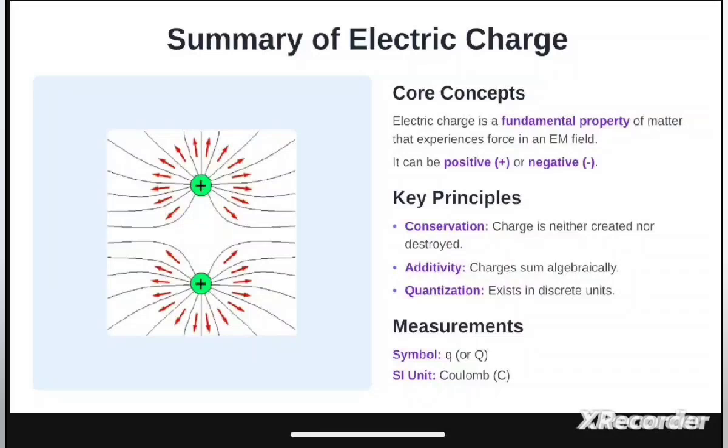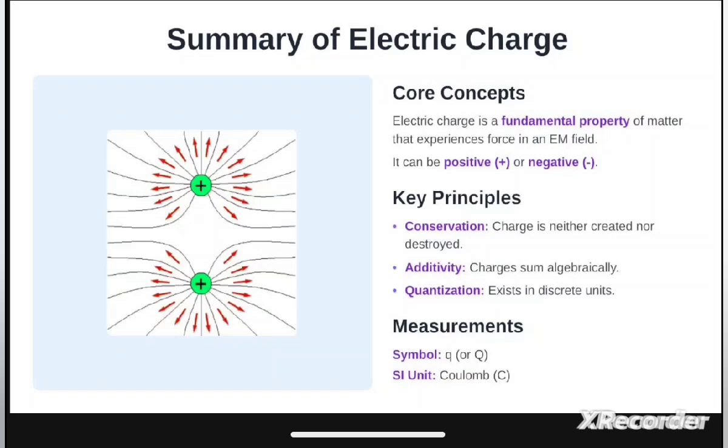Now this is a summary of our video. In this video we studied the core concepts of electric charge, where we learned that electric charge is a fundamental property of matter that experiences force in an electromagnetic field. It can be positive or negative.